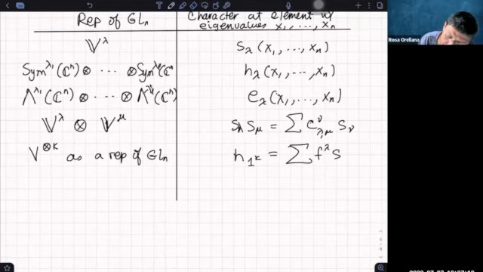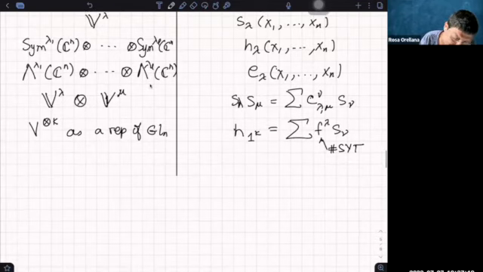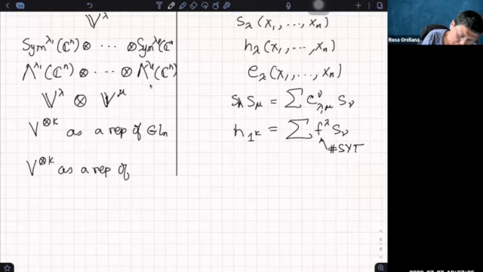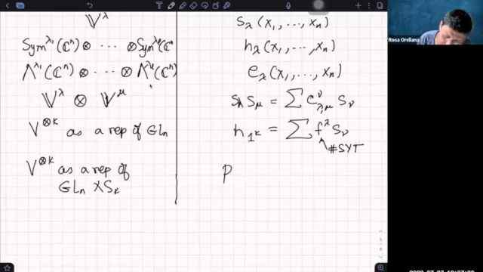F lambda is nu, where this one is the number of standard Young tableaux of shape lambda. And if you look at V tensor K as a representation of GL_N cross S_K, this was P mu, X1.